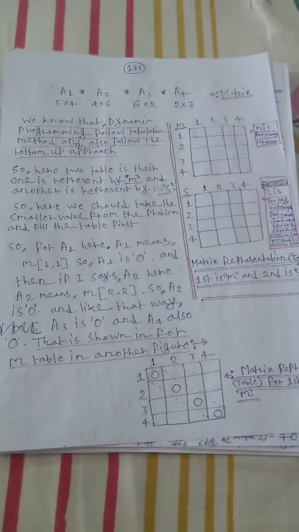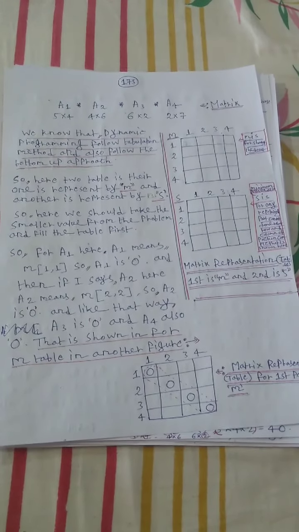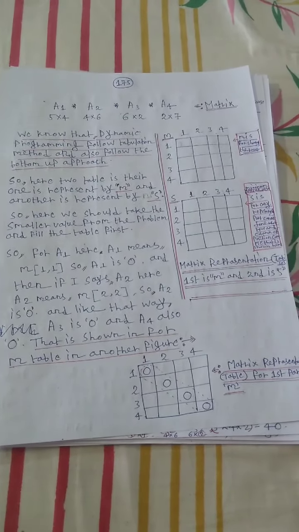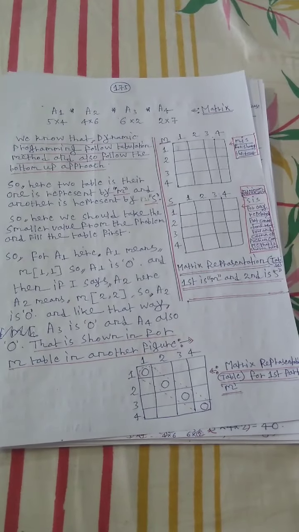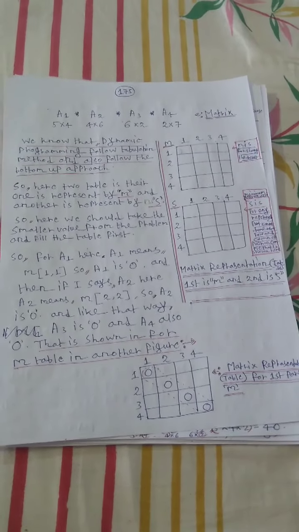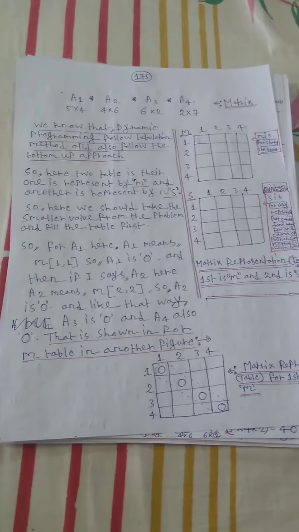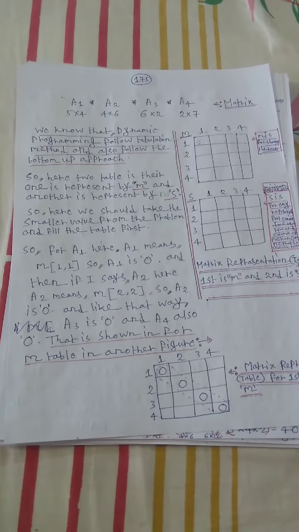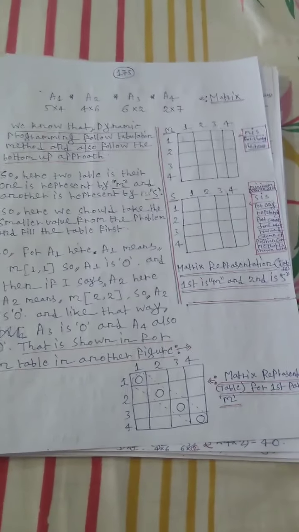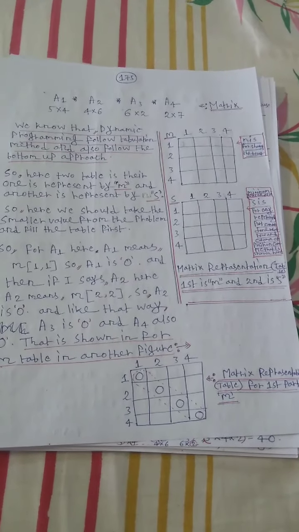So here we can see that for the 4 matrices, 2 tables or matrices will be drawn. One is M and another is S. M is for showing the result, and S is for the minimum value. Every time we solve a part, we can see which one gives the minimum.